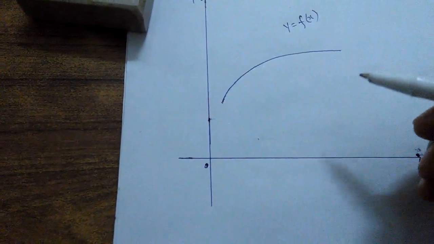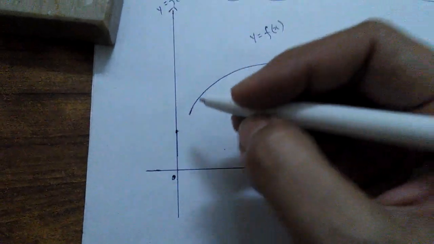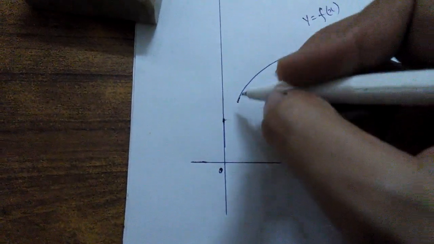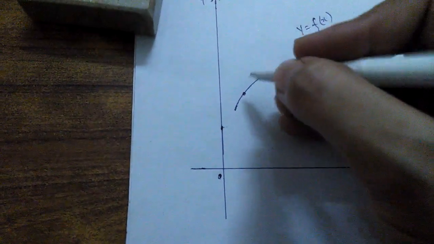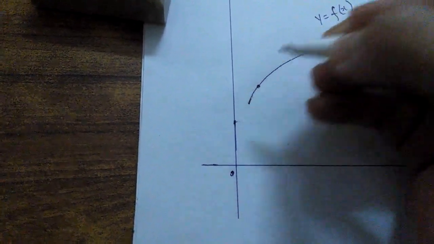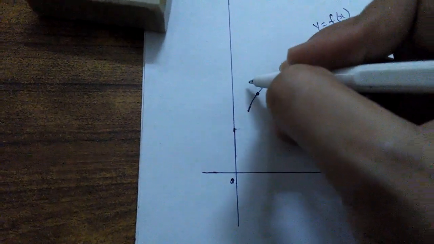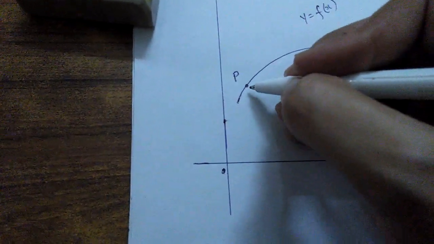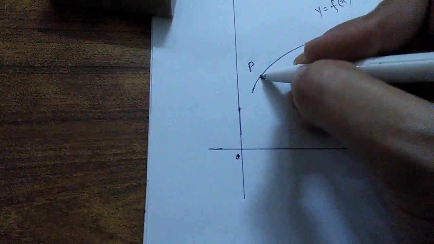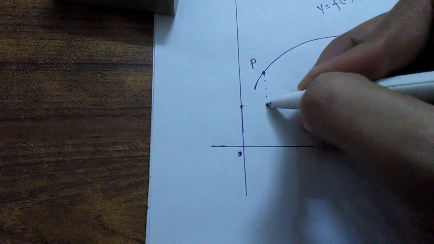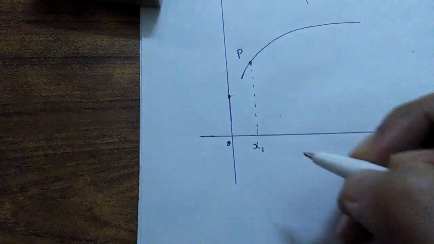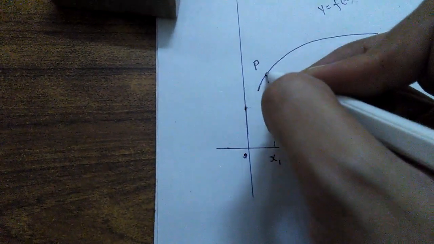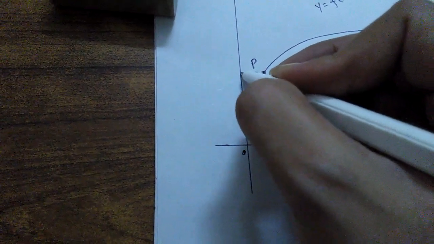Now just assume that you have a certain point here, for example at this position, and I name this point P. Having the abscissa, or x coordinate, right over here, I call it x1, and the corresponding value of y, which is f of x1, is right over here.